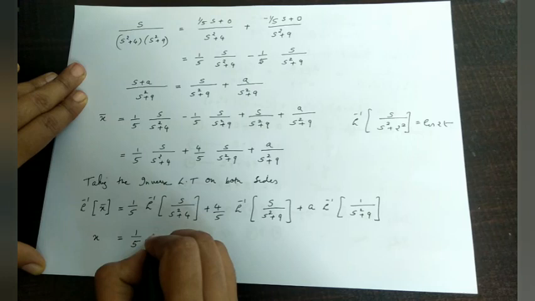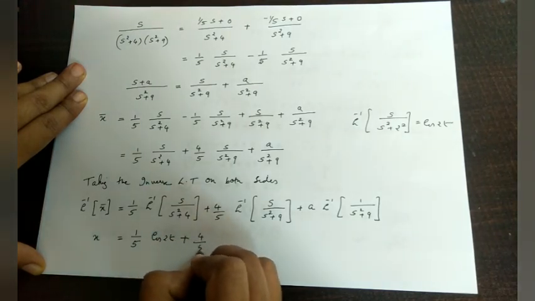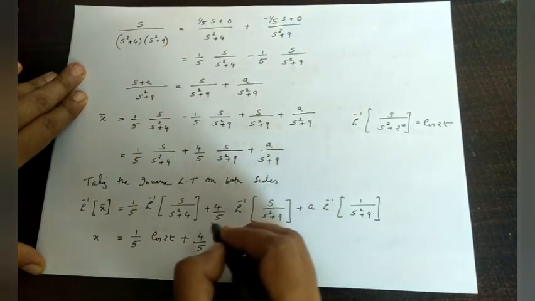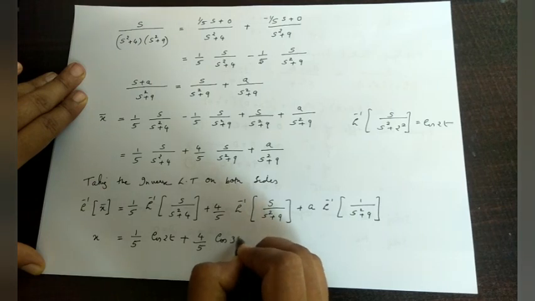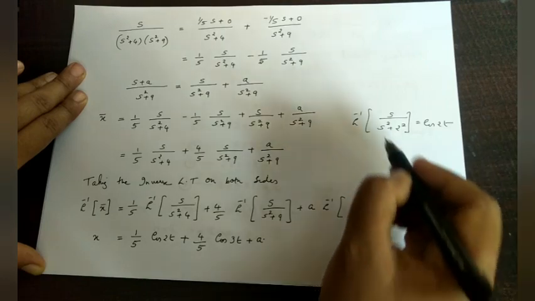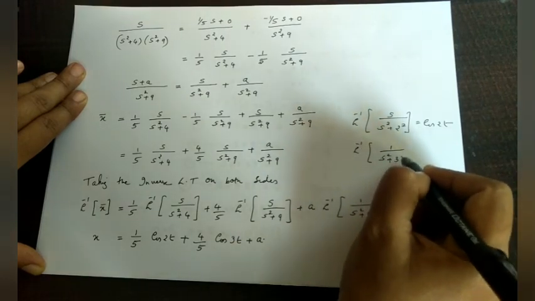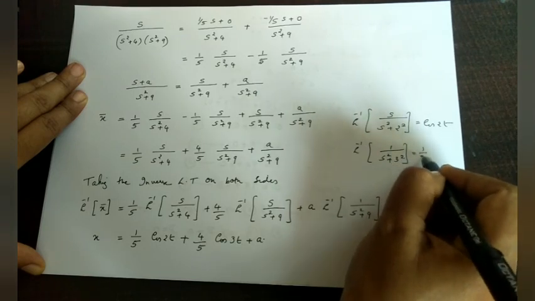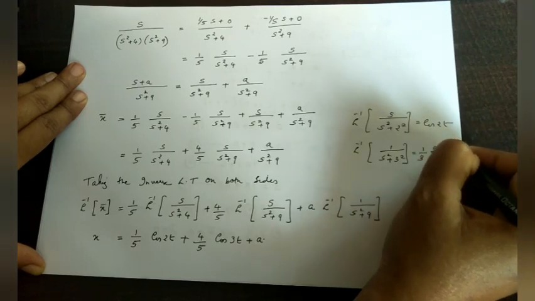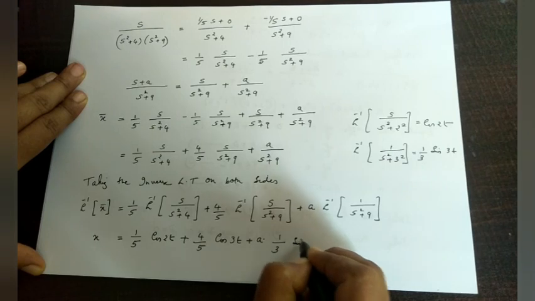Therefore, in the place of this we can write cos 2t, plus 4 by 5 into again s by s square plus 3 square, that is cos 3t, plus a into Laplace inverse of 1 by s square plus 3 square. That is 1 by 3 sin 3t, since we need a 3 in the numerator. Therefore, here we have 1 by 3 sin 3t.